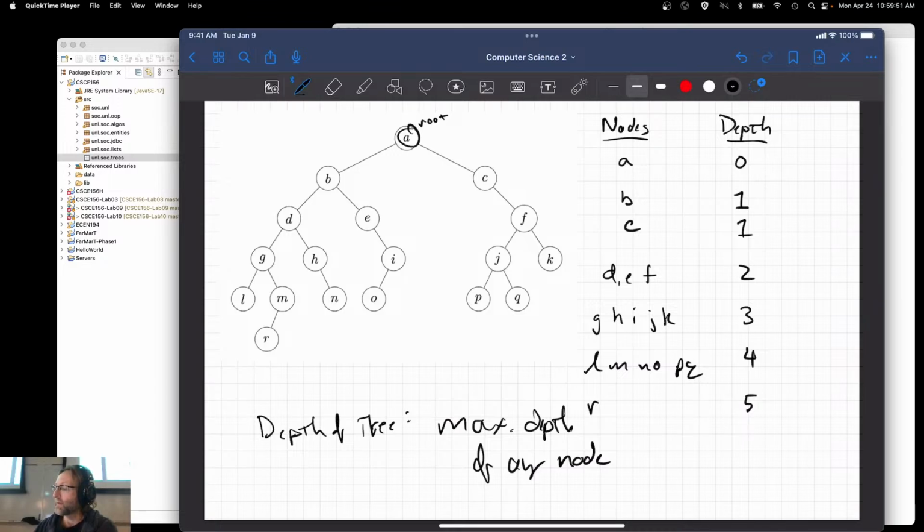Well, in that case, it's going to be 5. If we had erased that node, then the deepest nodes now would be L, M, N, O, P, Q, and so the depth of the tree would now be reduced to 4, okay? But that's not what we have here. We have a depth of 5.